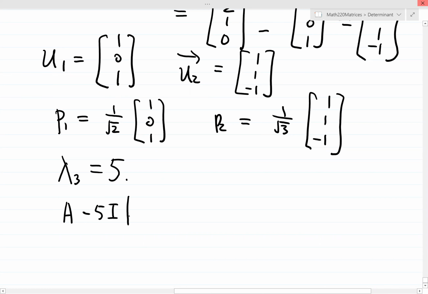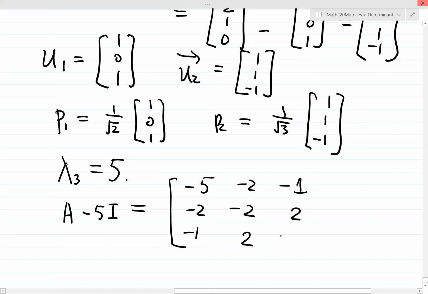A minus 5I. So this will be negative 5, negative 2, negative 1; negative 2, 3 minus 5, so negative 2, 2; and then negative 1, 2, negative 5.